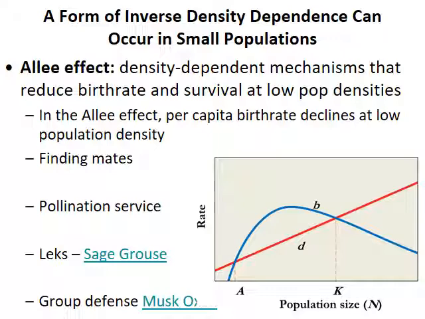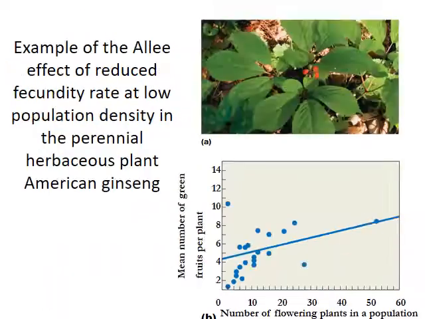So we have two points again, B and D, where our birth rate and death rate lines cross. Our carrying capacity is the classic one. Here we also have an Allee effect. Notice this change in birth rate is one way. You could also have the birth rate line stay straight and the death rate line increase. Maybe that'd be the case with musk oxen, for instance.